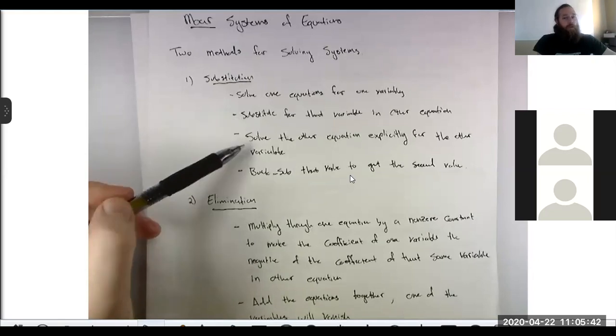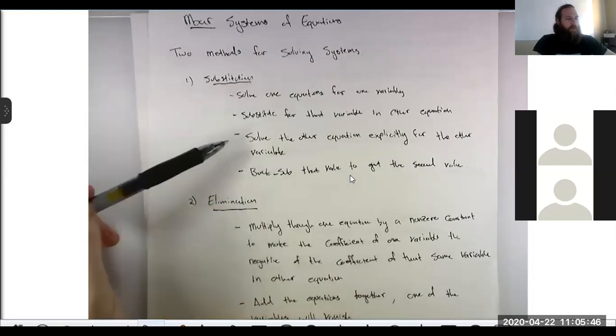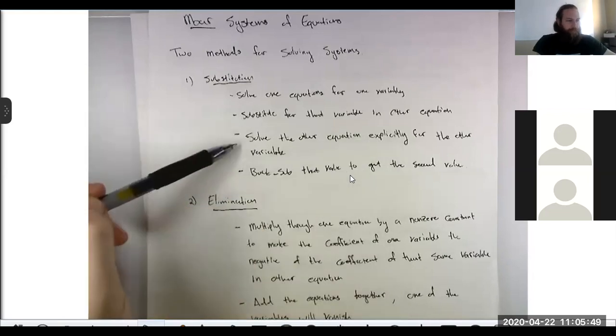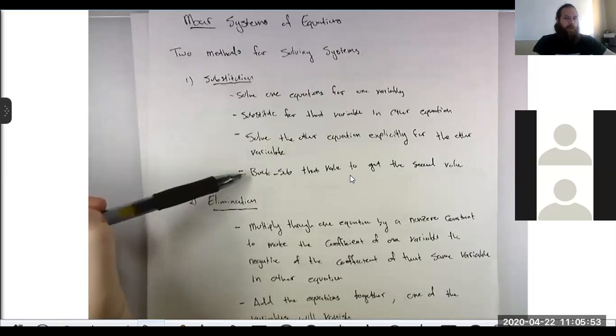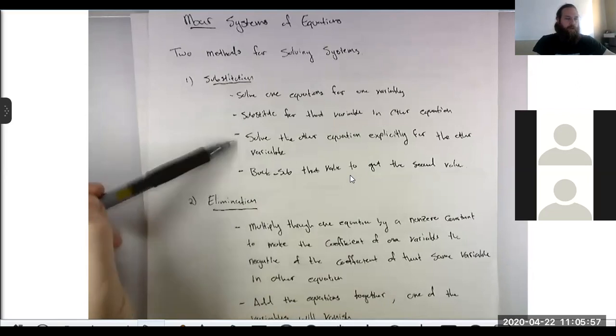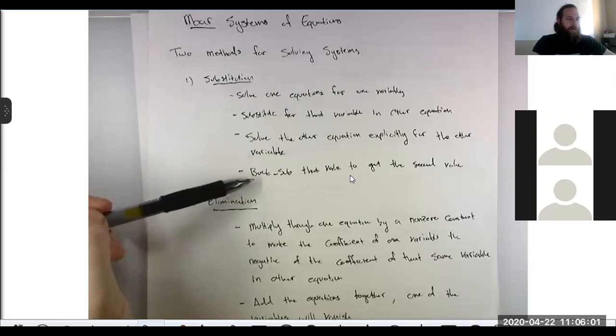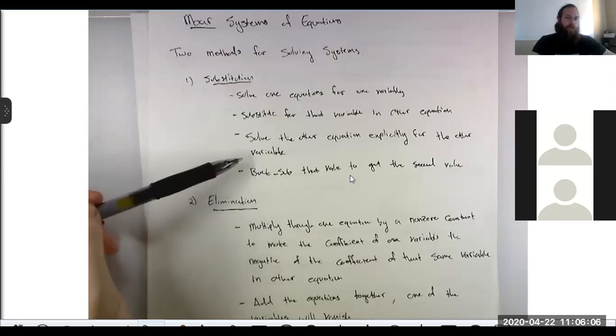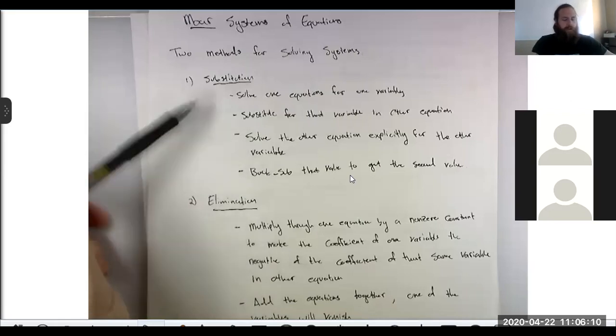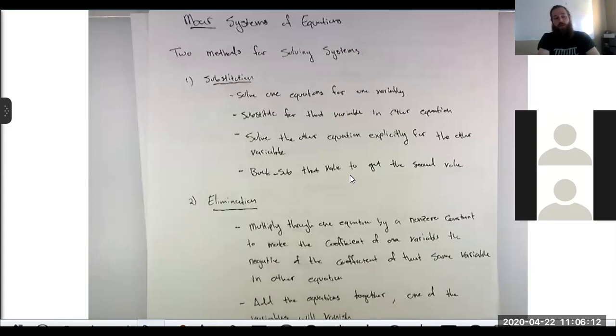Now that that other equation only has one variable, you can solve it explicitly, meaning you can get a number out for that variable. So you go ahead and do that, get that number out, and then you back substitute that number into either of the original equations. So like here, I would have solved that second equation for x, and I would have gotten a number. And then I would take that number and plug it back into either of the original equations to get y. It works, and it's reasonably intuitive, but it's slow, it's clunky, there's a lot of places to make mistakes, and it does not generalize well.